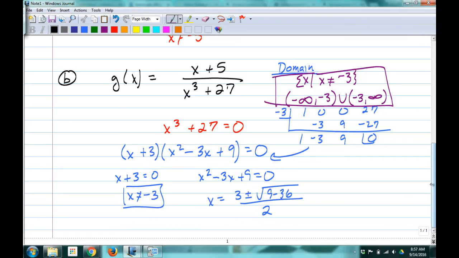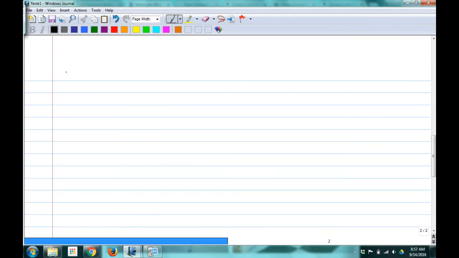Let's go to this one. Maybe we have f of x is equal to x squared plus 4 over x to the 4th power plus 13x squared plus 36.